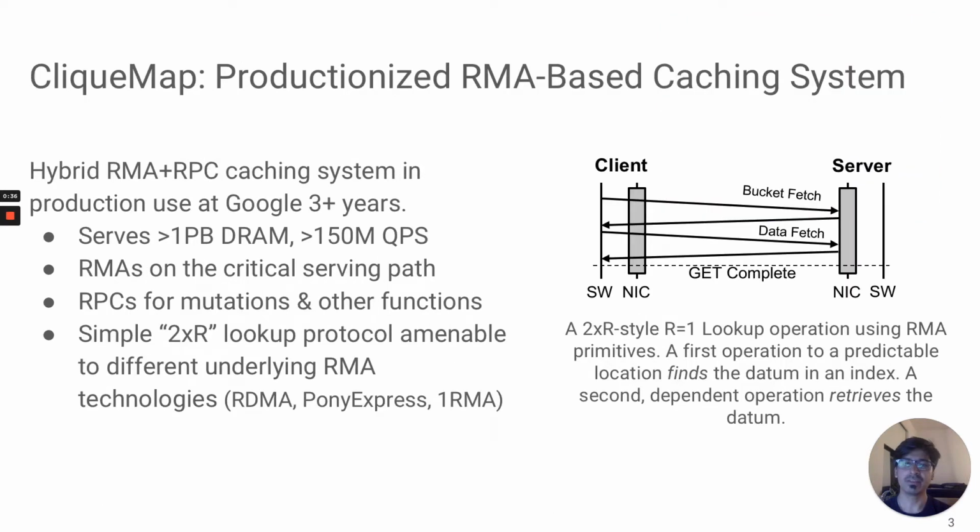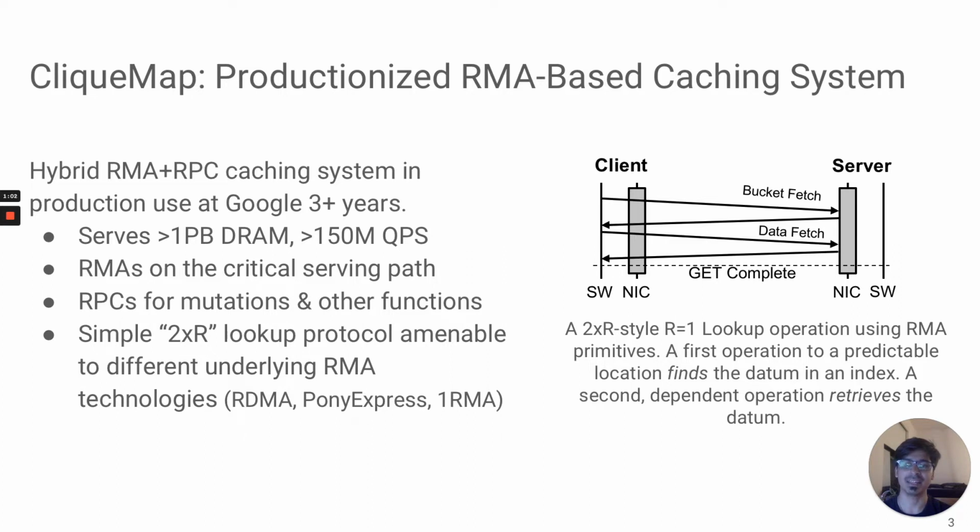To give a brief overview of the system, CliqueMap is a hybrid RMA-RPC serving system that builds around the core idea of using two simple RMA reads in sequence to perform a lookup operation. We call this protocol 2x-R, and it is shown as a sequence diagram on the right. In a 2x-R lookup, the first read is from a distributed hash table which forms an index over all the stored key value pairs.